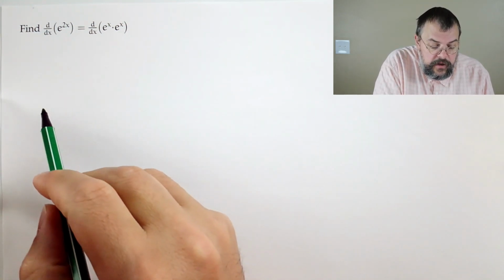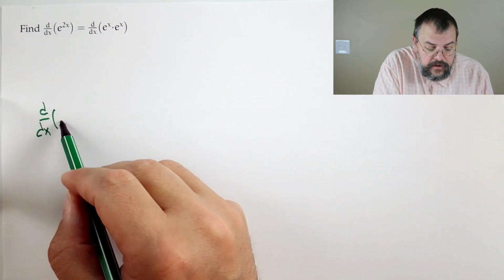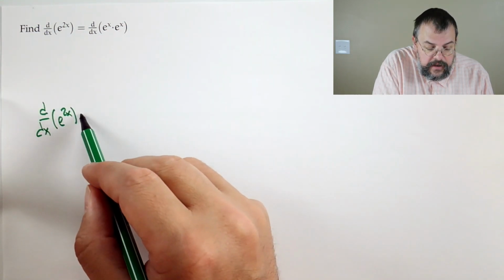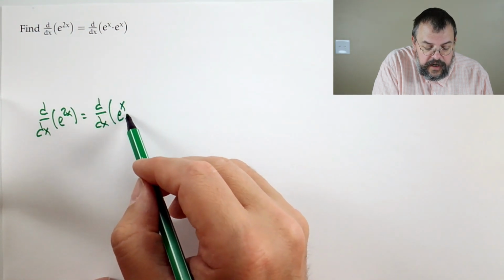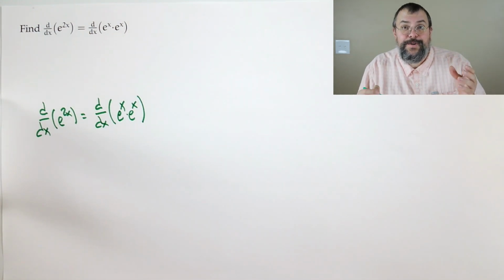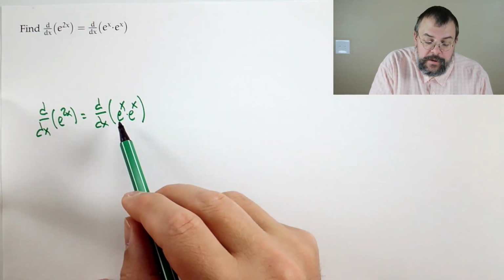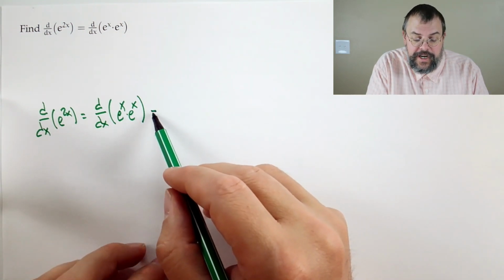Okay, so we can say what? The derivative of e to the 2x. I'm just following it along. That's the derivative of e to the x times e to the x. Now, what rule do we need? We need the product rule because it's a product of two functions. So be careful here.